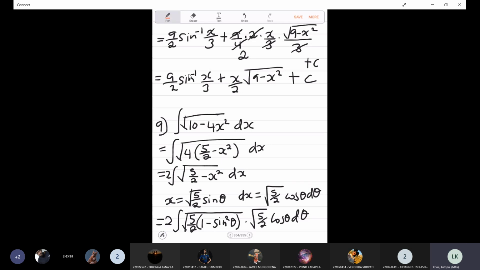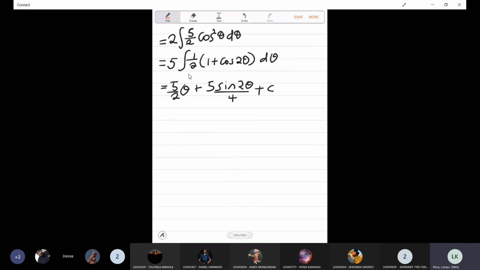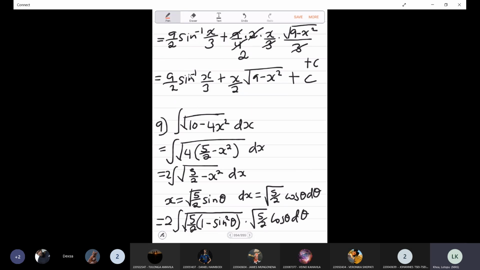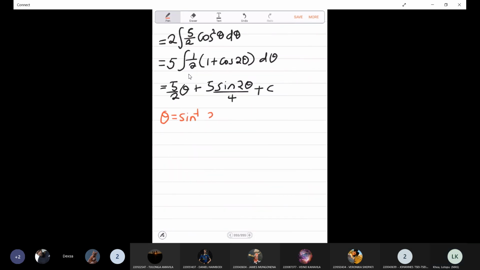You can simplify that and rewrite it better. So theta is sine inverse of x over the square root of 5 over 2.